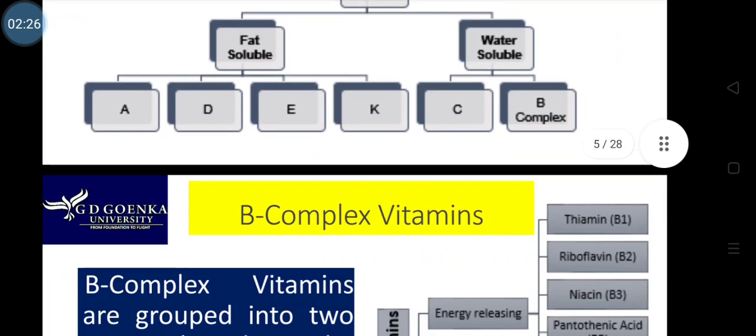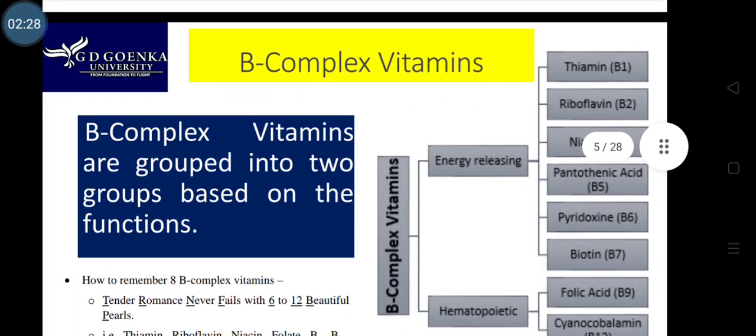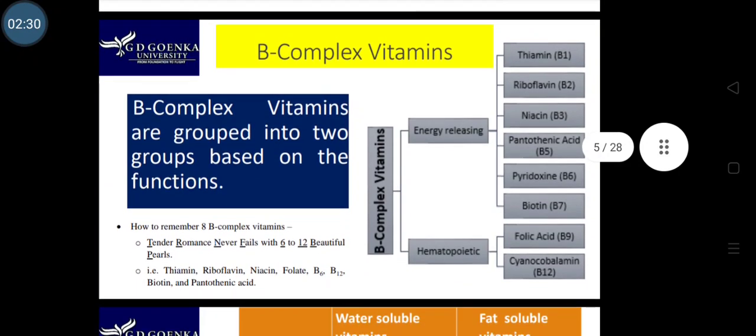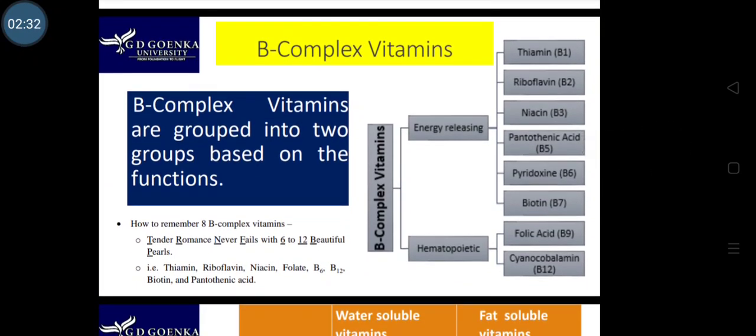So vitamin B complex, if you see, the name is given complex, so there are many vitamins included in vitamin B. They are grouped into two types based on the function. The B complex vitamins are energy releasing vitamins as well as hematopoietic vitamins.